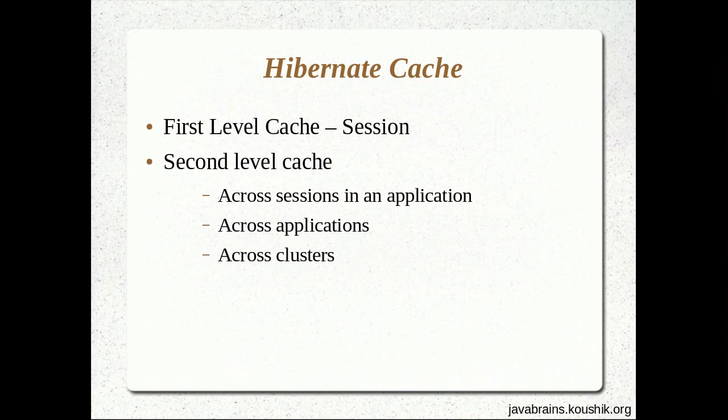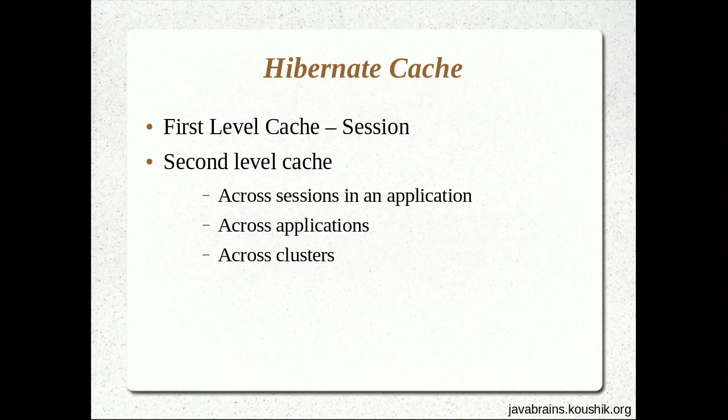And then the third thing is across clusters. So you have different applications deployed in different servers, and they are all talking to the same database and interacting with the same data. You can have a Hibernate cache that supplies cache data across all these applications. However, you need to know that if you have another application that is not using Hibernate, that might result in problems. Let's say you have saved some data in your cache.